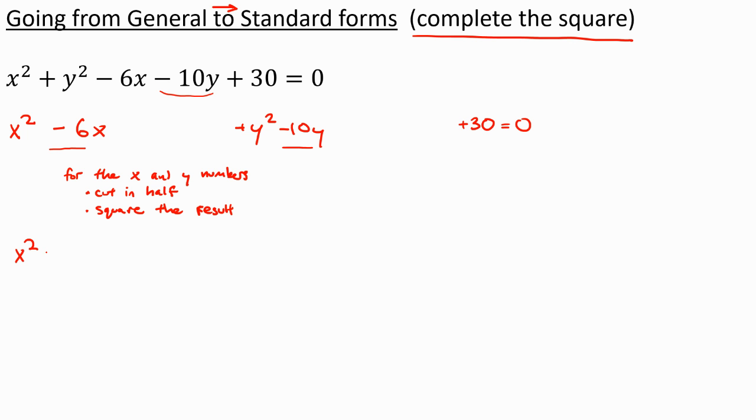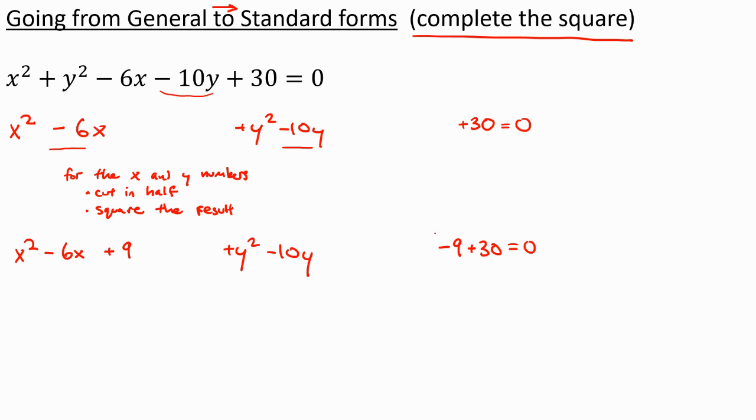I'm going to add a plus 9, and let me fill in some other stuff here. So far, all I'm doing is cutting -6 in half, and then I squared that, and I am going to add that result, the plus 9, into my equation. And I'm also going to subtract out 9 over here on the far right where the 30 is.